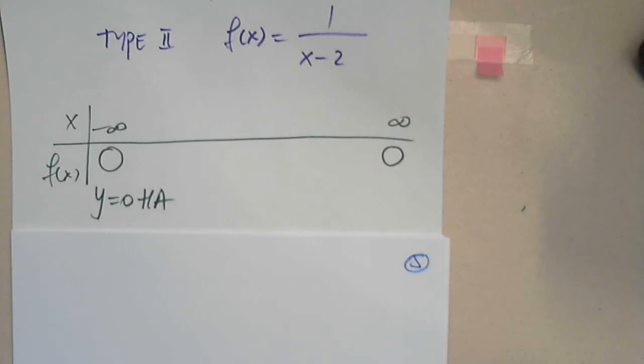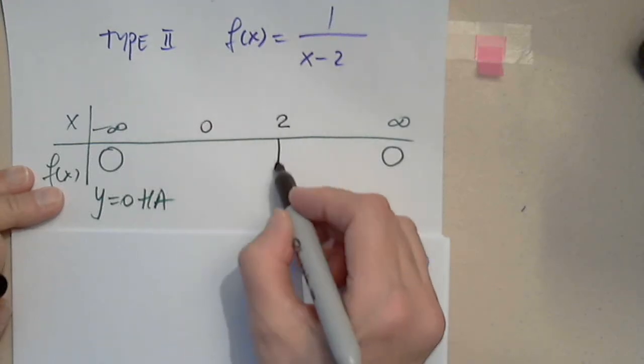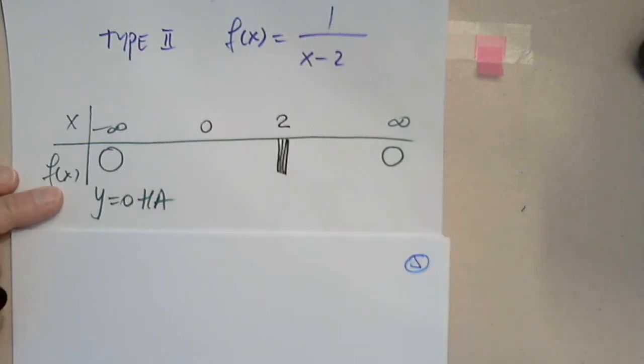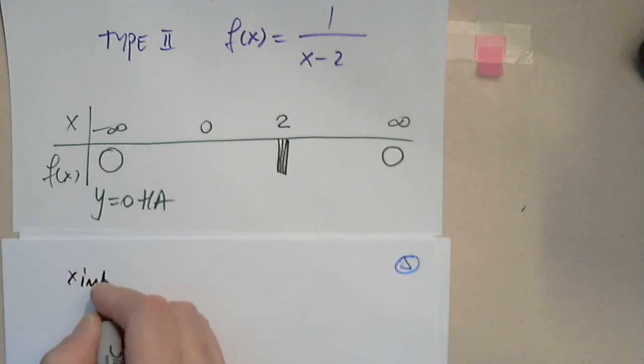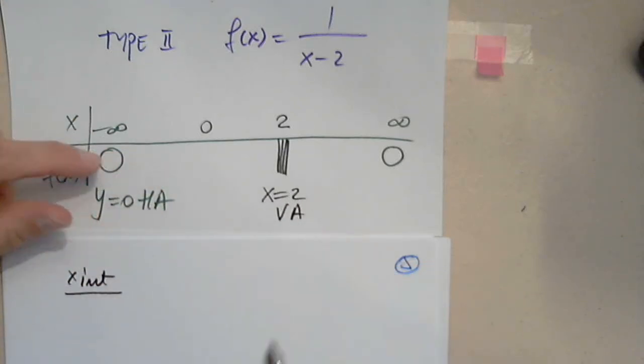Negative infinity to 2. Yes. So negative infinity to 2 and 2 to infinity. Is that clear, everyone? Is that a yes? Yes. Perfect. Okay, very good. So now the x-intercepts. Oh, I'm sorry. So let's write x equals 2, obviously, is a VA.